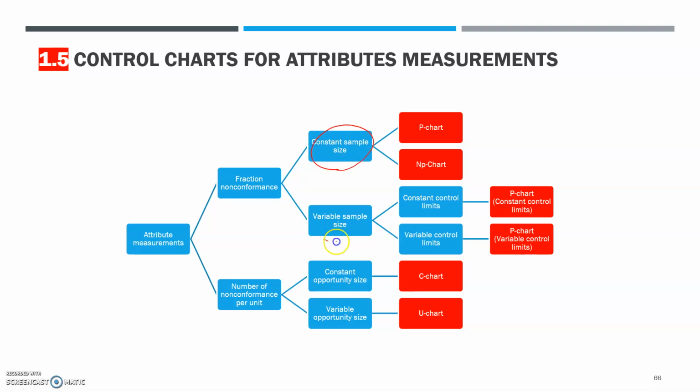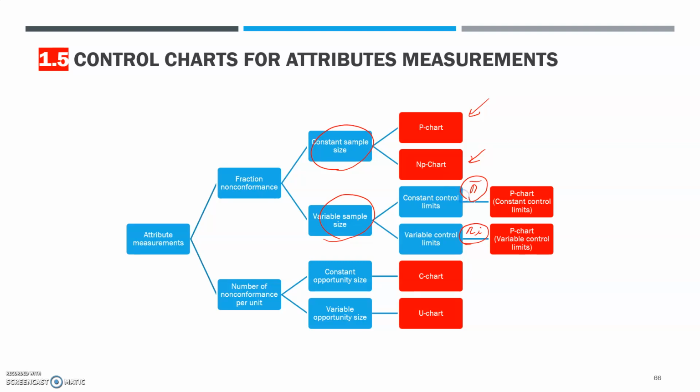We discussed a variable sample size case, right? When it is constant, you can directly use the P bar or MP chart easily. But when the sample size is different from group to group, you either choose to use the n bar or ni. In this case, you'll have variable control limits from group to group.